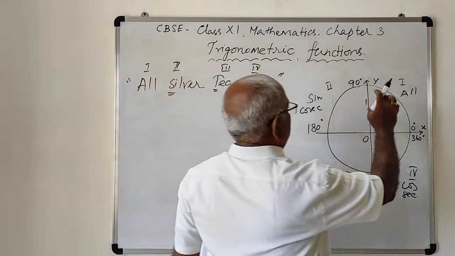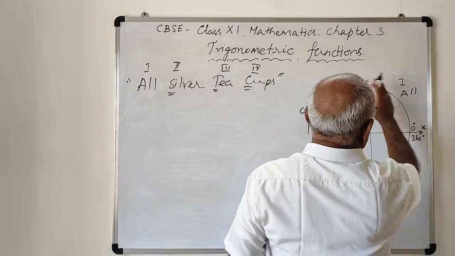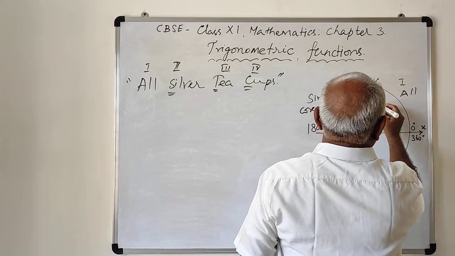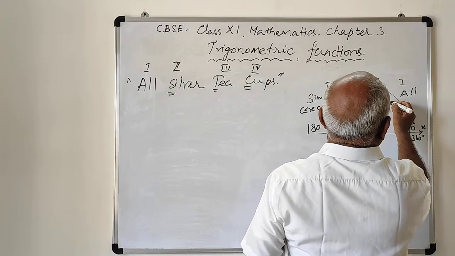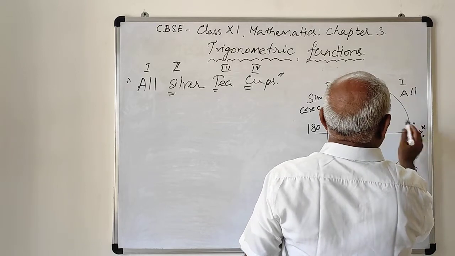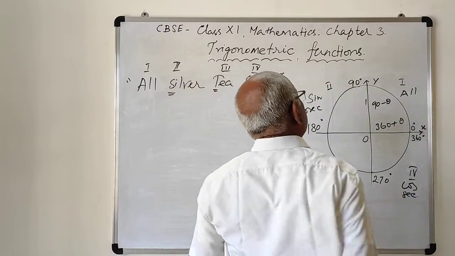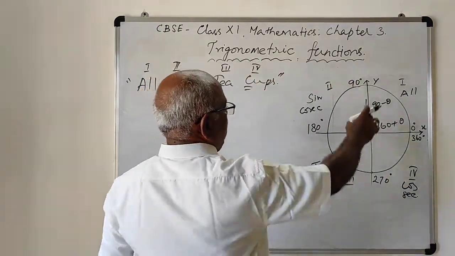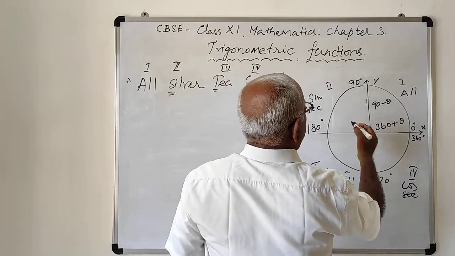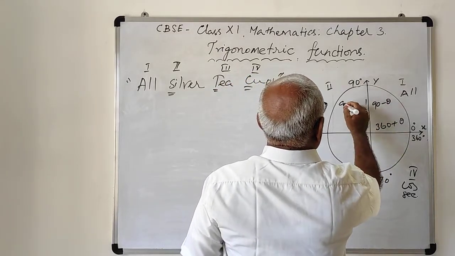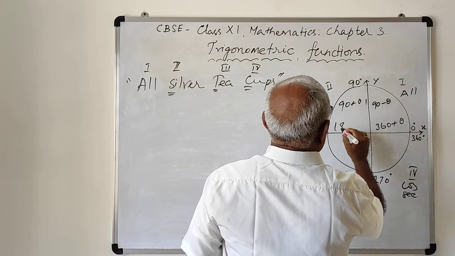In the first quadrant, we can find 90 minus theta and 360 plus theta. These two angles are represented in the first quadrant. Second quadrant, we can find 90 plus theta and 180 minus theta.